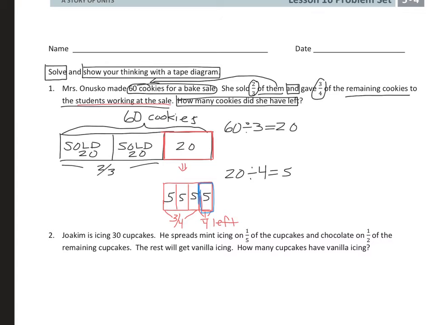So let's write our sentence out. We'll say Mrs. O has 5 cookies left. Period. All right, let's go do another word problem.